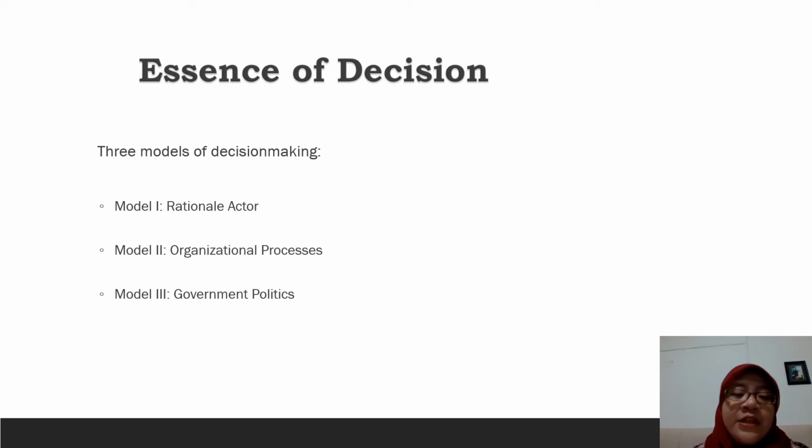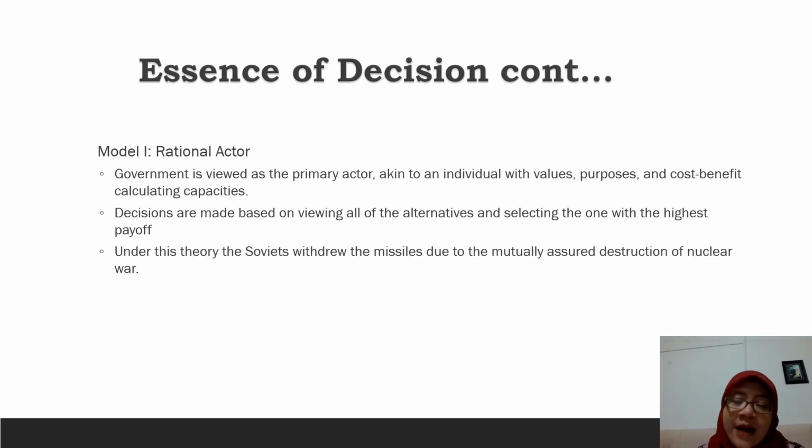The three models of decision making for bureaucracies of ownership. The first model is rational actors. The second model is organizational process. And the third one is government politics. In rational actors, the government is viewed as the primary actor, and the individual's values, purposes, and cost-benefit are calculated as capacities. A decision is usually made by viewing all the alternatives and selecting the best one, with the highest payoff.